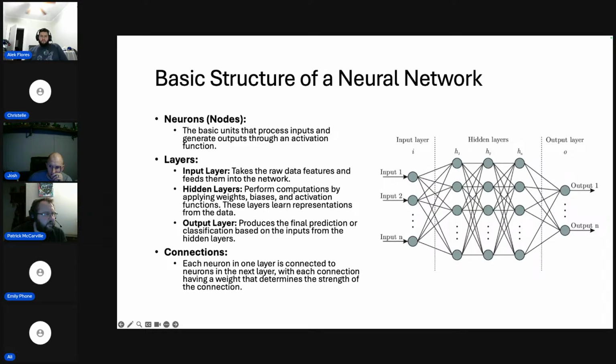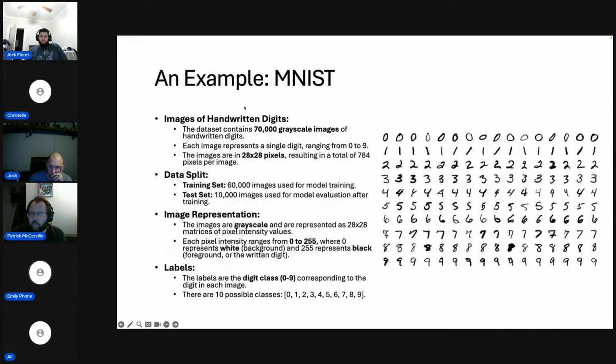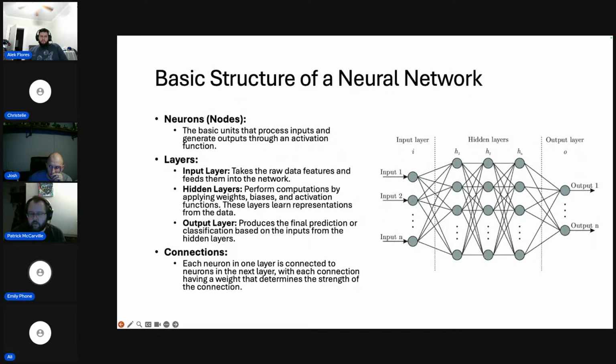Okay, we'll continue here. So some terminology here. The neurons or nodes are the basic units that process the input and generate outputs through activation functions.